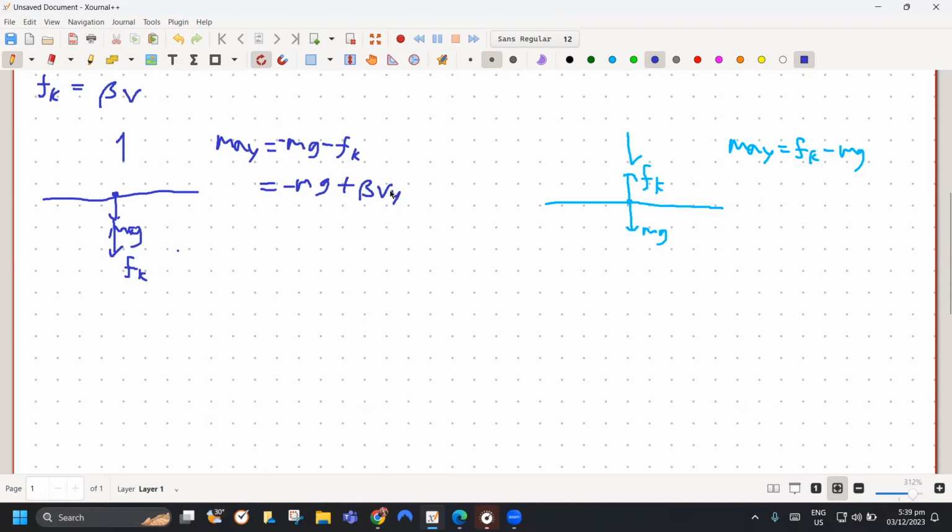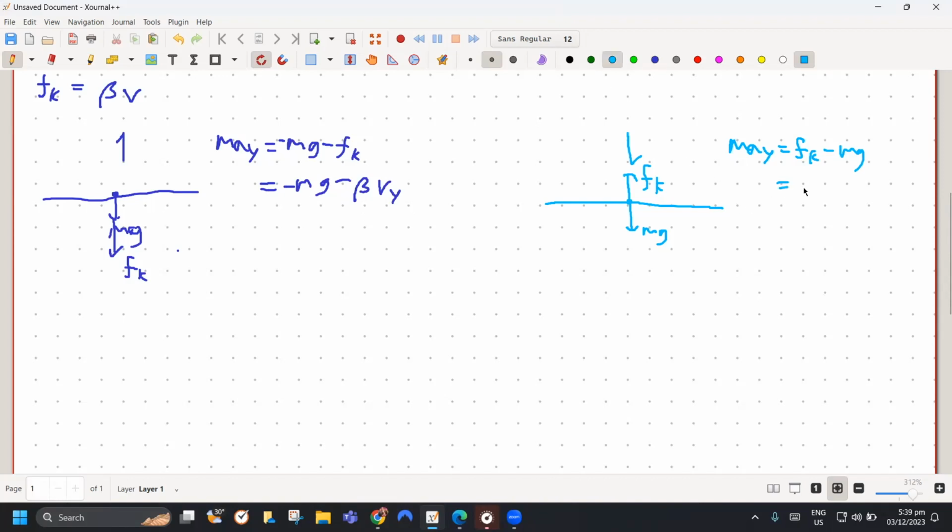Vy is positive pag ganyan. Beta is a positive number. Okay, so MAY is equal to minus mg minus beta Vy.